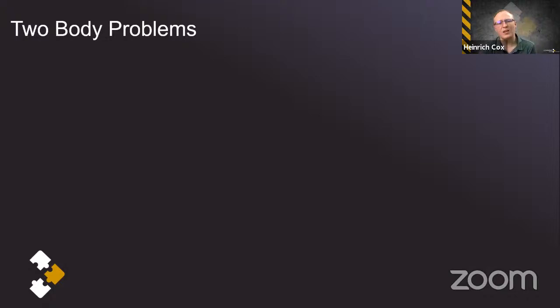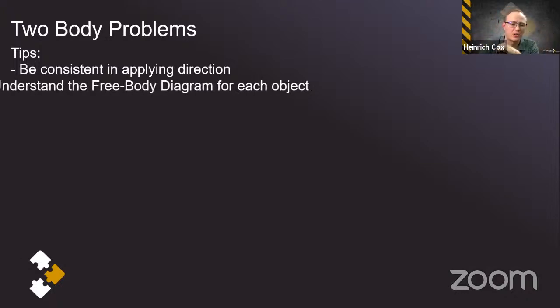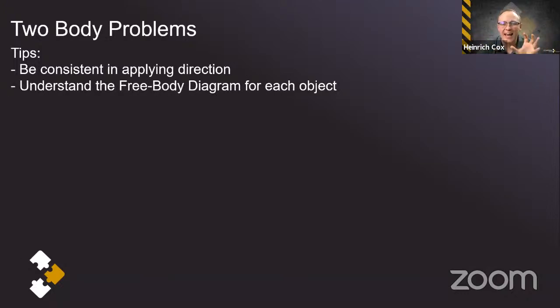an example. Okay, so for two-body problems, the tip is be consistent in applying direction, okay? So the direction, positive and negative direction, is going to be crucial when it comes to being able to write F net equals MA equations that you can actually solve and get the correct answer. Understand the free body diagram for each of the objects.